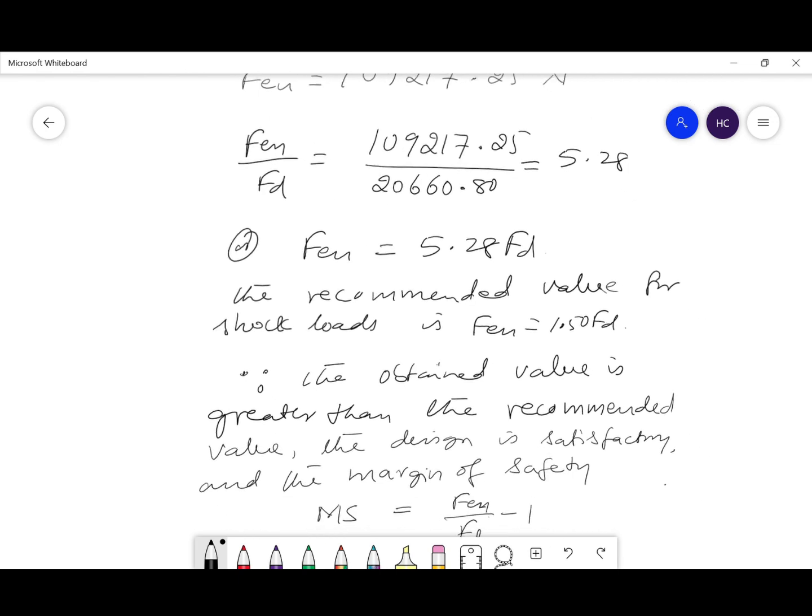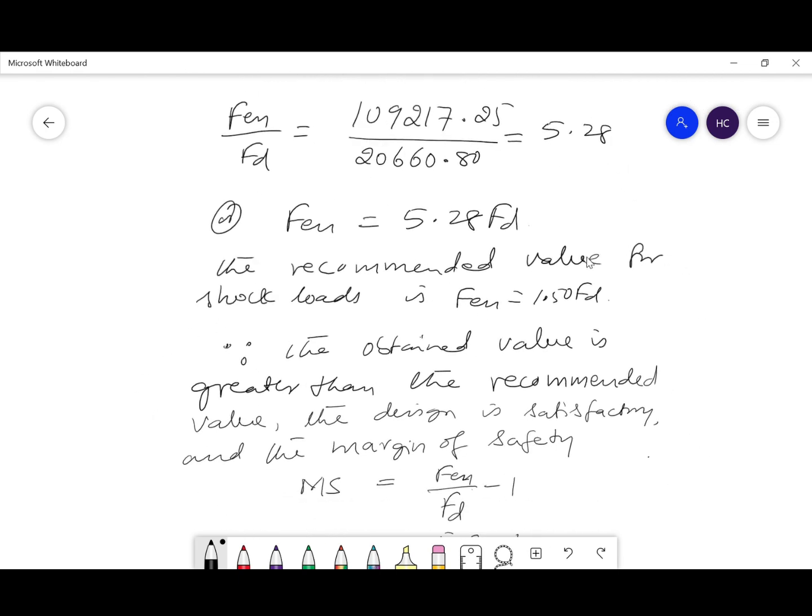The recommended value for shock loads is FEN is equal to 1.50 times FD. Since the obtained value is greater than the recommended value, the design is satisfactory.